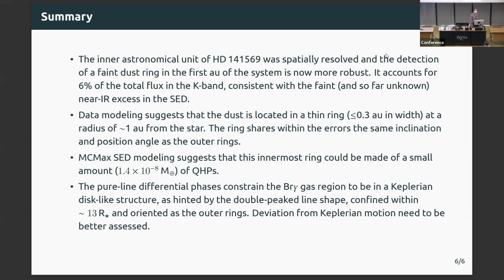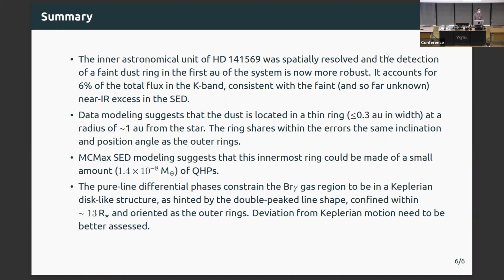Thank you. Okay, I'm Lei Chen from Konkoly Observatory, Budapest. I have two questions. One is that you need these very small particles to account for the K-band emission at 0.8 AU, right?